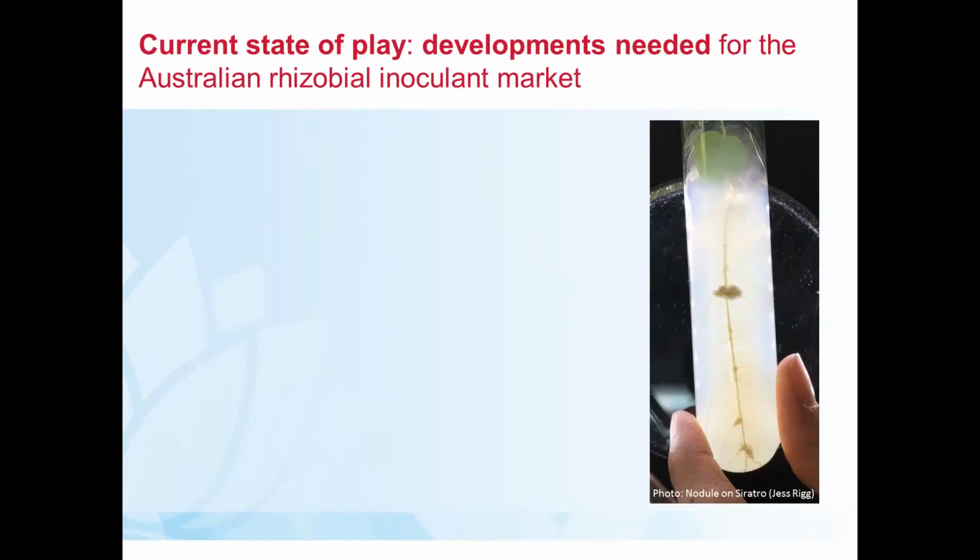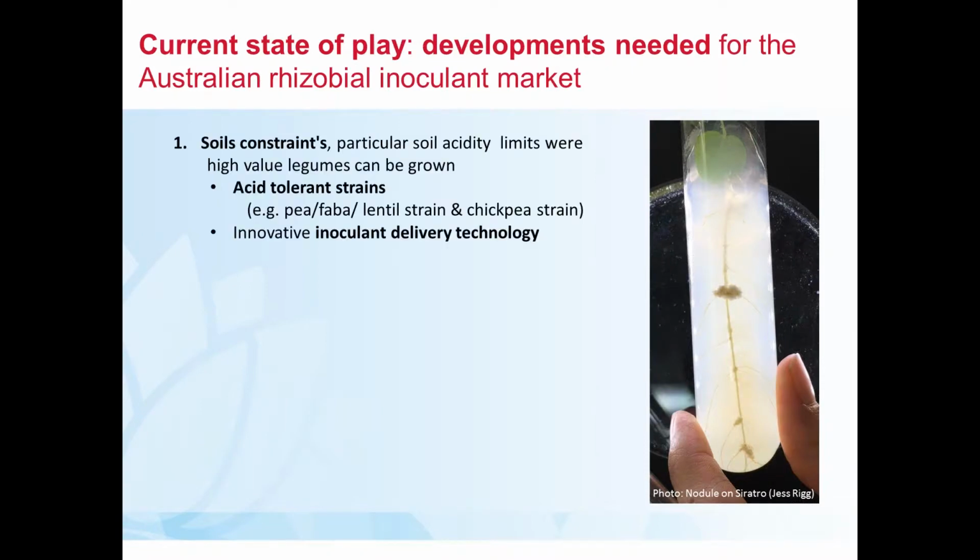Now I wanted to talk about the current state of play. This is not an exhaustive list, but some developments needed for the Australian rhizobial market, in particular with a flavour of what our group is focusing on at the moment. Soil constraints, particularly soil acidity, are limiting where you can plant high-value legumes, like some of the pulse crops.